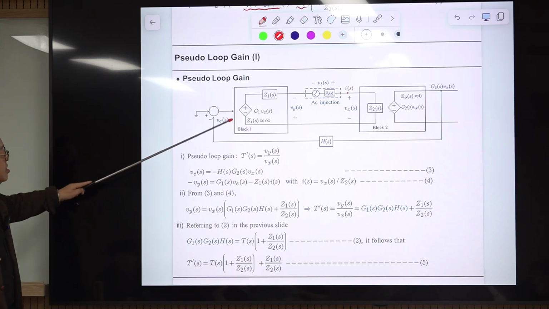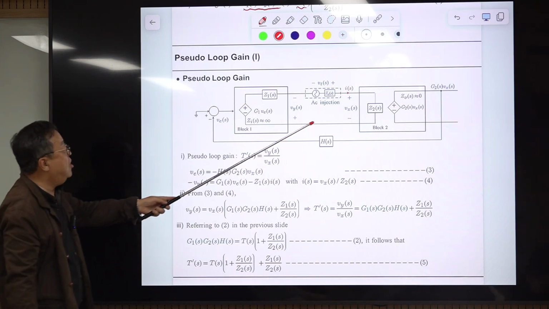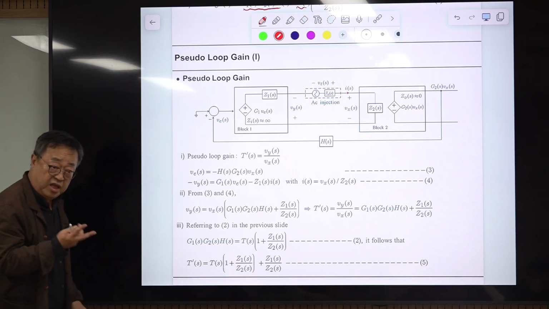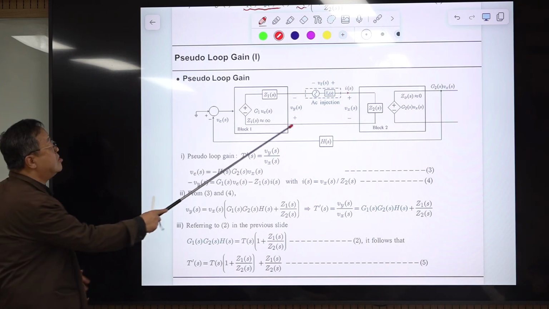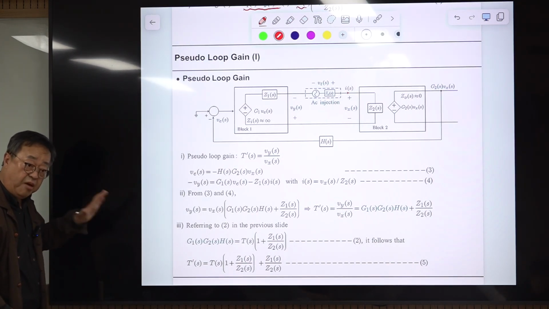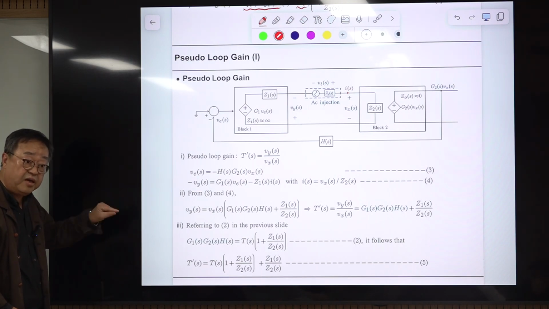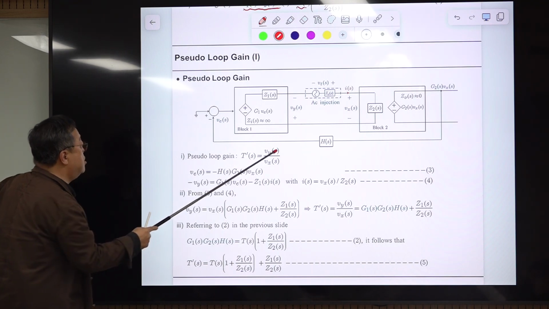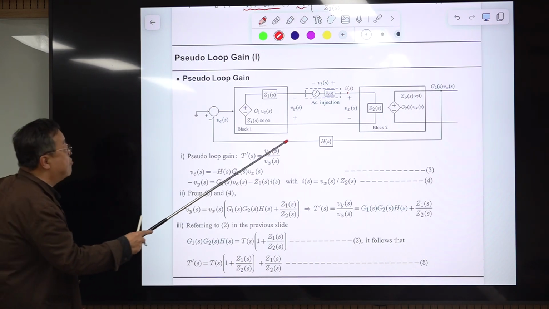Pseudo loop gain T prime S is the ratio between Vx and Vy. We don't need any minus sign here because the polarity is already inverted. So it's the same as having an additional minus sign; instead of that, we swap the polarity of this. Then start from here.